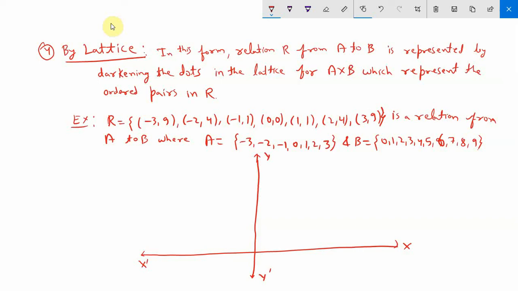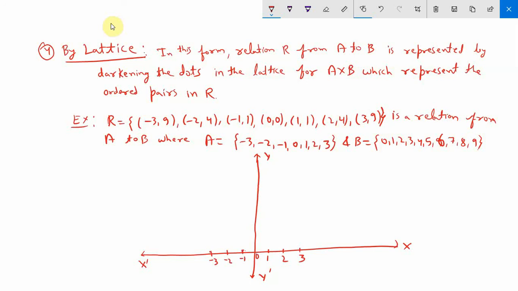First we will write all elements of set A on the horizontal line: 1, 2, 3, then 0, then -1, -2, and -3. The divisions are not to scale.